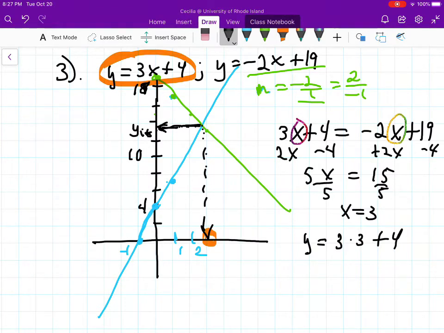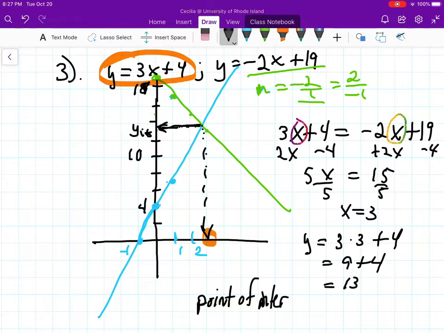So I'm going to just substitute x equals 3 in here and get what the y is. So I get that the y is equal to 13. So I see that my rough sketch was fairly close to accurate. The point of intersection is 3, 13. So let's write that out. Point of intersection is the ordered pair 3, 13.